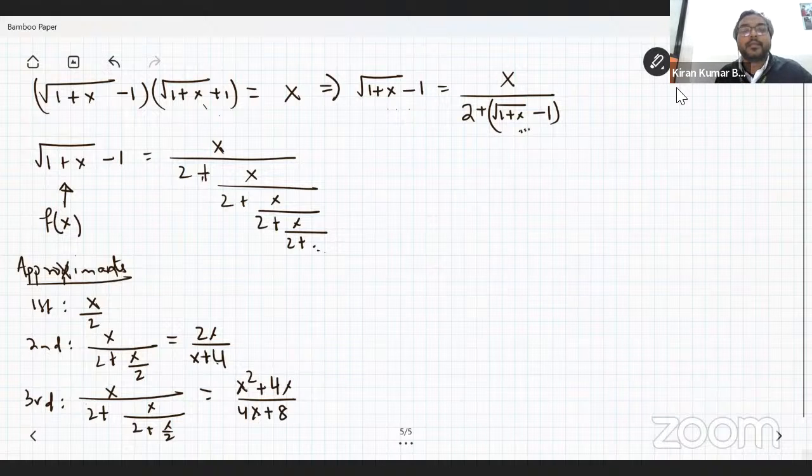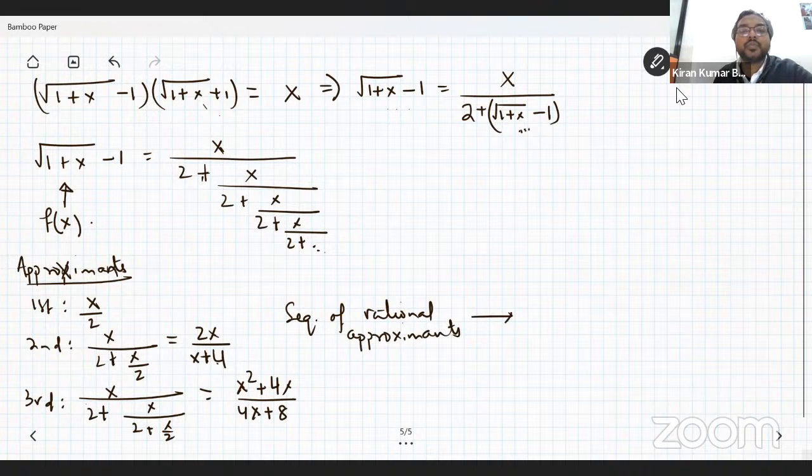Right. So we have a continued fraction. On the left hand side I have a function, on the right hand side I have a sequence of rational approximates that converge to f of x in some sense.